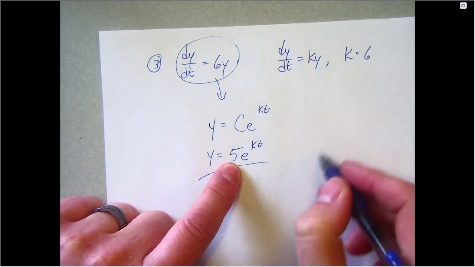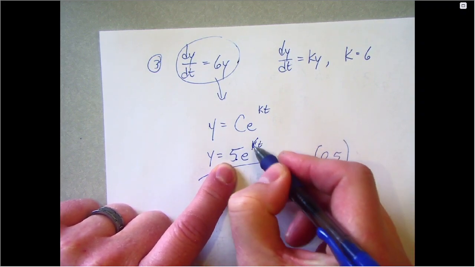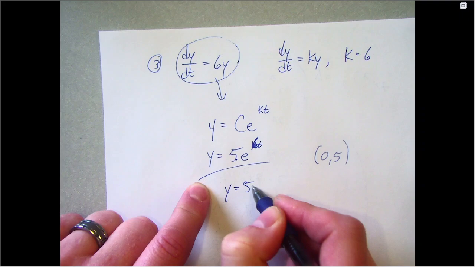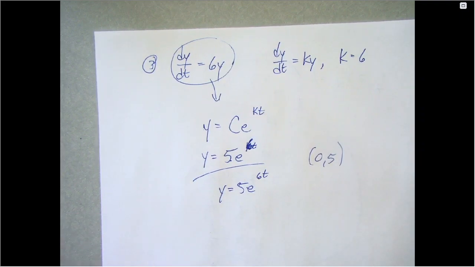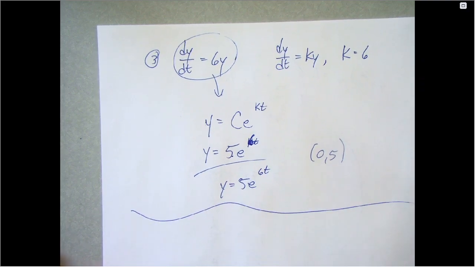Starting amount, because they gave us the point (0, 5), so that is the starting amount. Oh wait, sorry, 6. That's y equals 5e to the 6t. That's your answer. Sometimes you have to do something with it, which we'll do in a second. Like we might have to find a k in some situations, but for that one we're done.